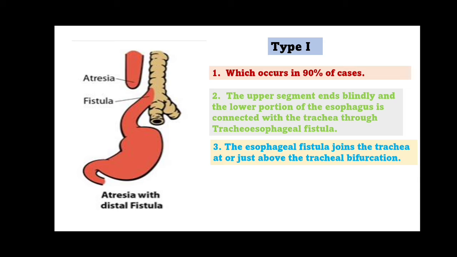The fistula commonly joins the trachea at the level of the bifurcation, or just above the bifurcation of the trachea.